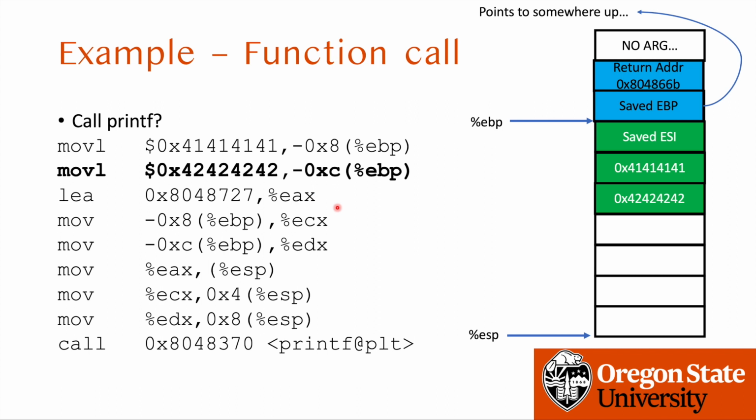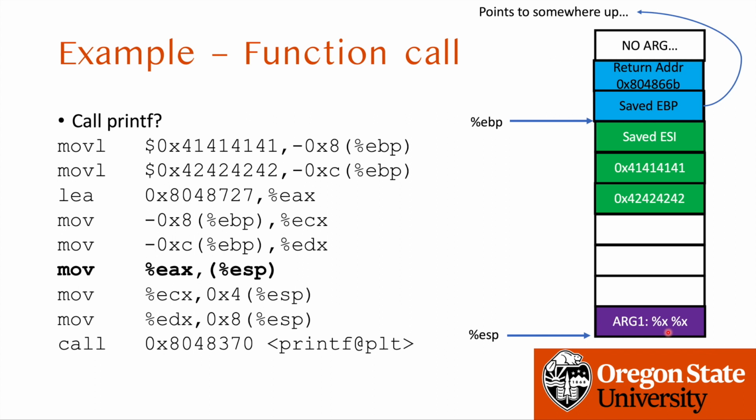After running a few more instructions, which I skip because they do not change the stack, we are at moving EAX to the location pointed to by ESP. This EAX comes from the LEA of 0x804877 to EAX. So we put this value at the address pointed to by ESP.